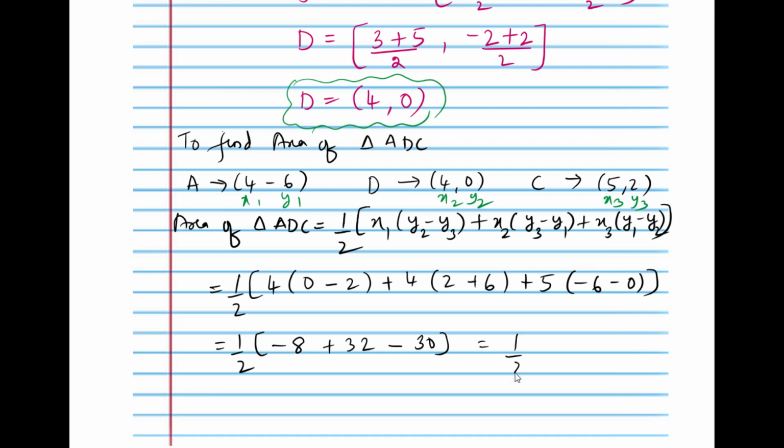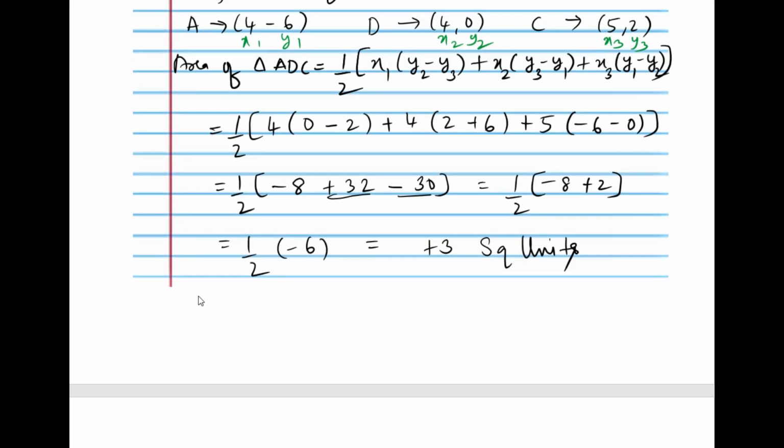Now what we get? Half into plus 32 minus 30, what we get is minus 8 plus 2. Half into minus 8 plus 2 is minus 6. Therefore, minus 6 divided by 2 is minus 3. But we'll consider it as plus because area cannot be negative. We get plus 3 square units.